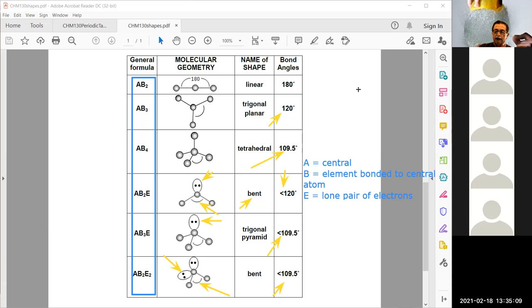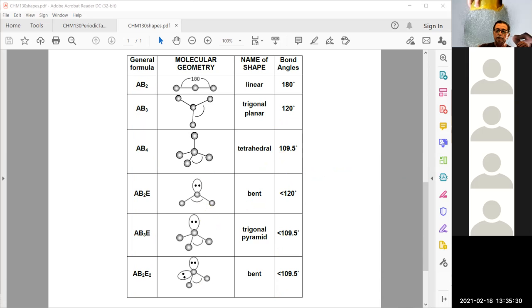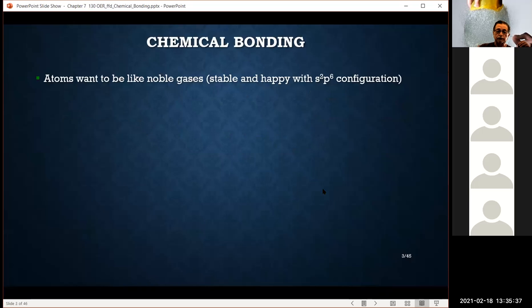If you don't quite grasp where to get the valence electrons, refresh your memory in the previous chapter, but we're dealing only with the A metals, the 1A through 8A, because again, that gives us the number of valence electrons. All right, so download that shapes table and get familiar with it.